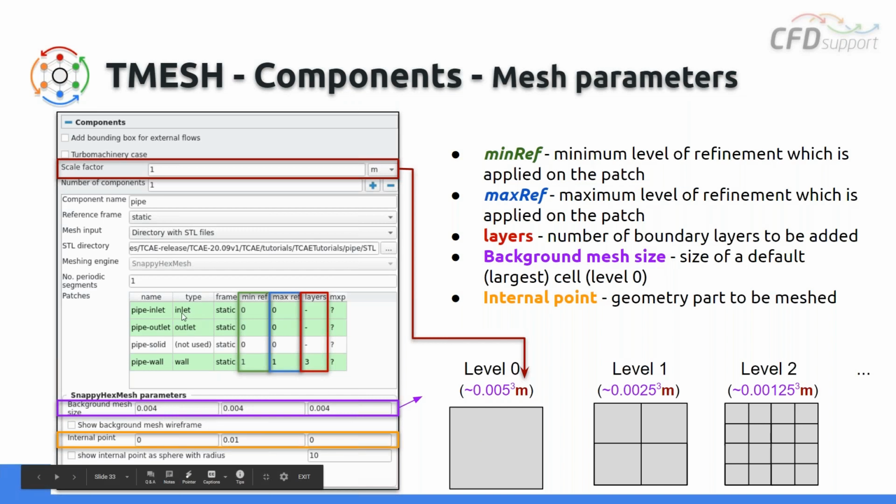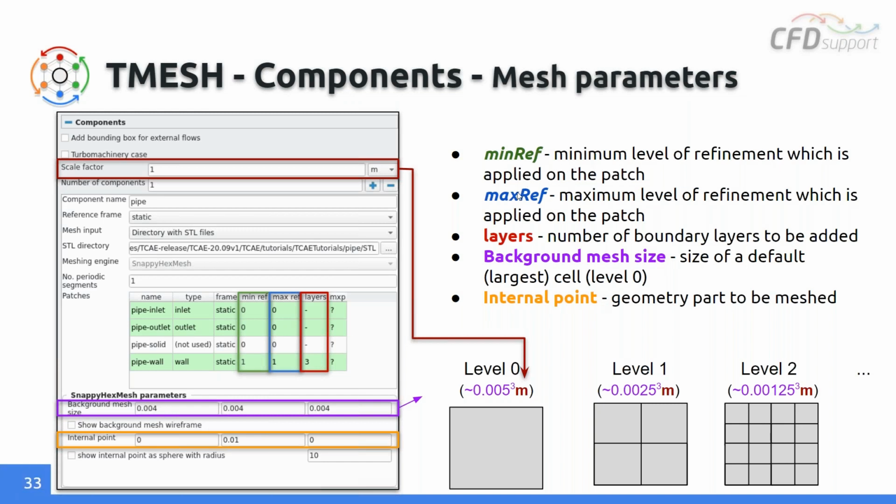So if, for example, here the pipe wall is intersected by the cell, and the level is set to 1, then the cell is split in 3D into eight cells of equal size, and basically the mesh refinement will be higher by one level compared to the rest of the geometry.